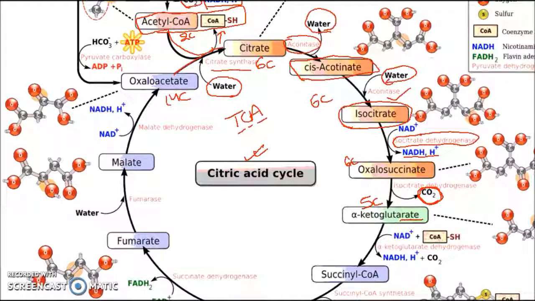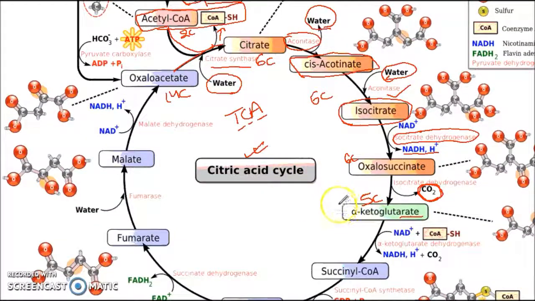It again undergoes a link reaction within the matrix and within the cycle. The same type of complex is used, the alpha keto dehydrogenase complex, like the one used in pyruvate dehydrogenase.